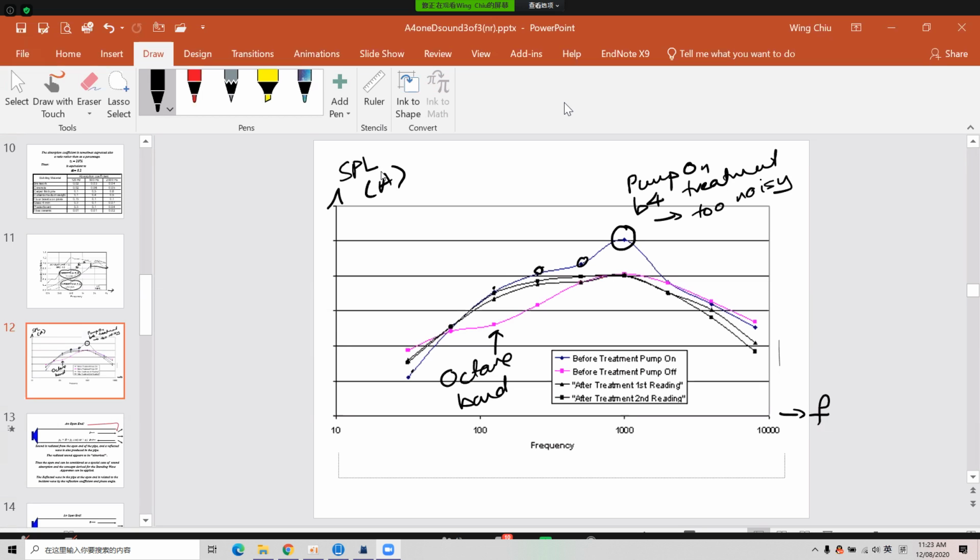Now, with the pump off before treatment, this is what it looks like. What we were endeavoring to do is to have this pump, or the surrounding, treated such that the noise level that I measure at the premises is as close to the readings as if there was no pump operating.